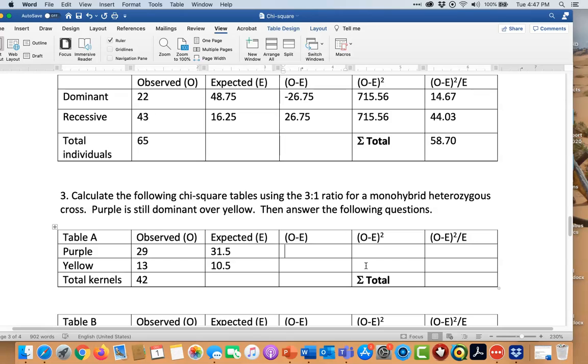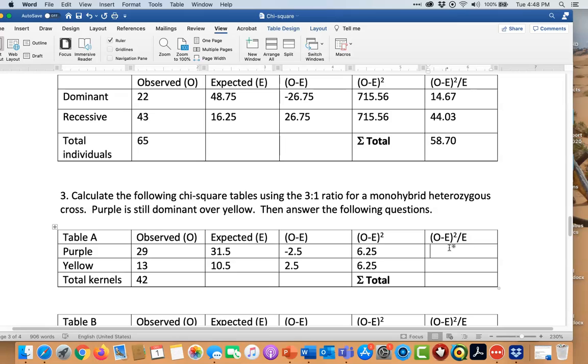29 minus 31.5. So that's going to be 2.5 for each of these. So that's going to get us, squared, 6.25. Got too fast for myself. All right.